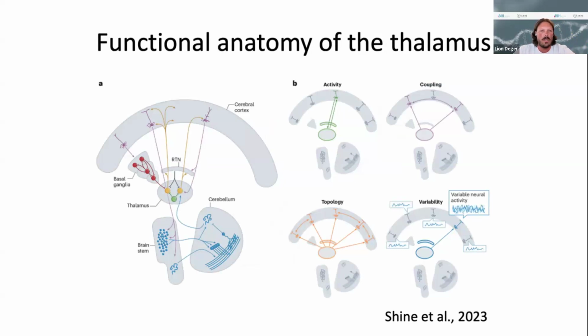But on the other hand, it also has reciprocal interactions with the cortex. For example, it enables cortico-cortical interactions, which are interactions between regions that send signals through the thalamus back to another region.